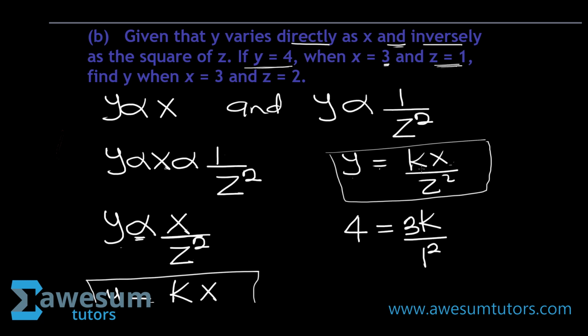That's kx, k times x. Now you have been told that if y equals 4, that means y equals 4, when x equals 3, 3 times k, 3k, over z equals 1.